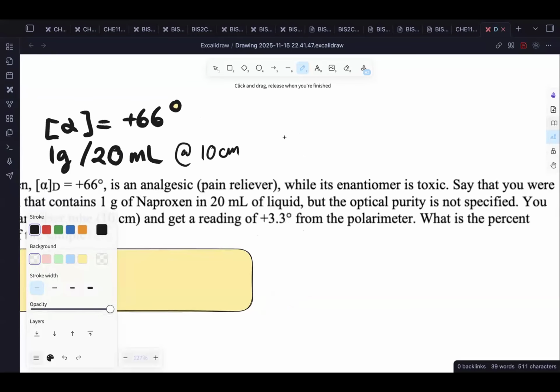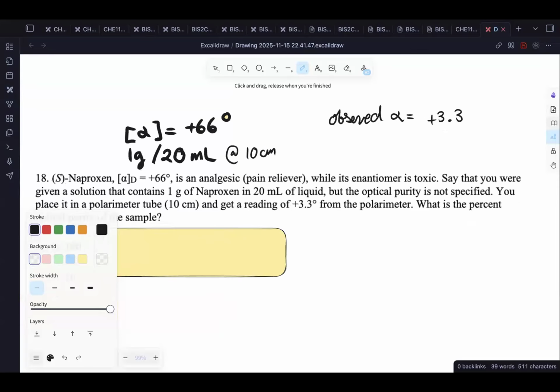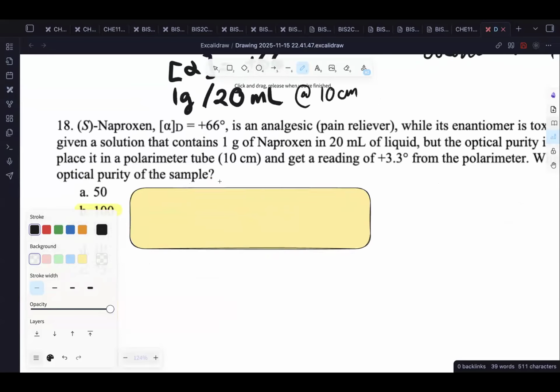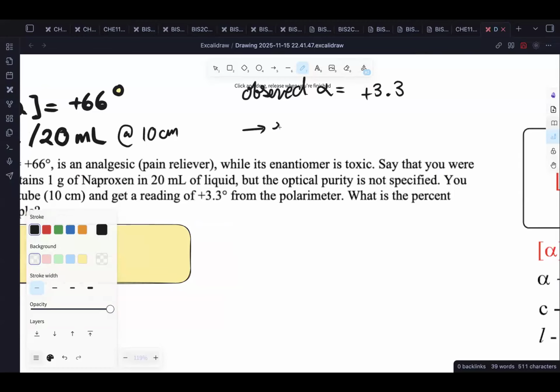And then the observed rotation is equal to plus 3.3. Okay. And they want us to find the percent optical purity. So what we need to find is optical purity, also known as enantiomeric excess.